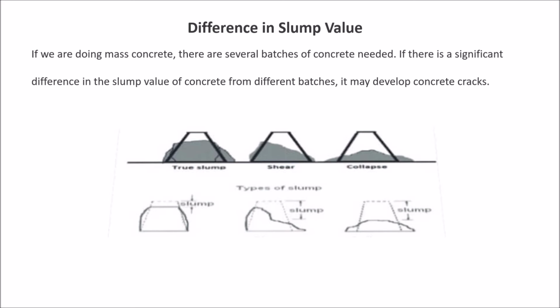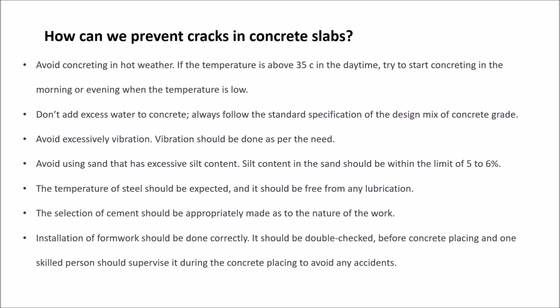Suppose we have made one batch and did not complete that slab, then we make a different batch of concrete, and the slump values of both are different. Then it can lead to cracks in concrete.